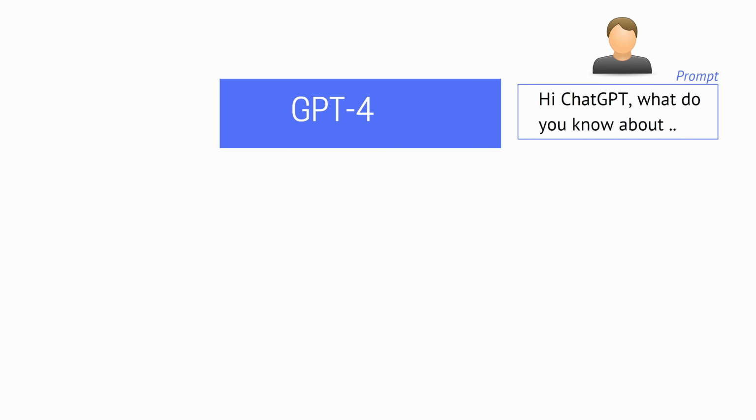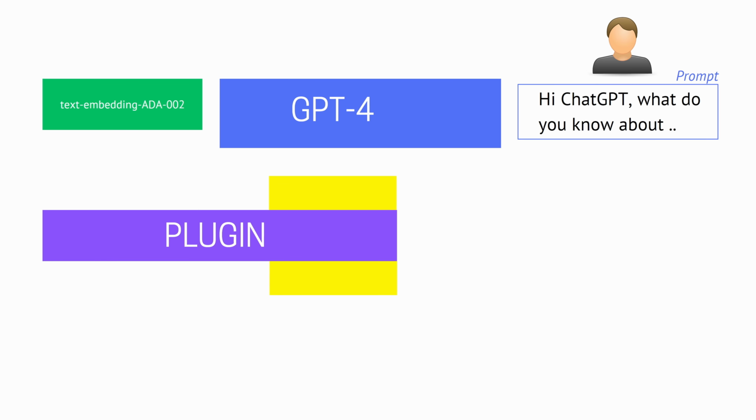We have a user and a user has a prompt to the GPT-4 system. Now, GPT-4 has a lot of internal knowledge learned, but maybe not an answer to your particular query. So we need another plugin from OpenAI. We use here the Retrieval plugin from OpenAI. And this Retrieval plugin comes with an additional OpenAI model.